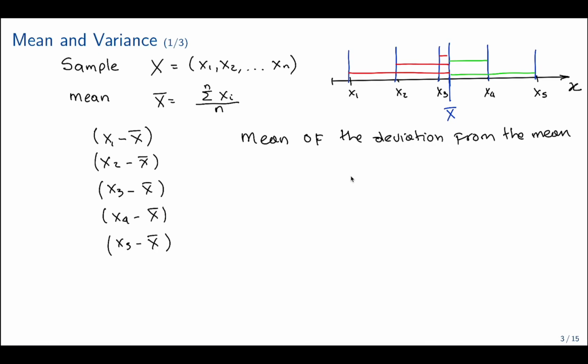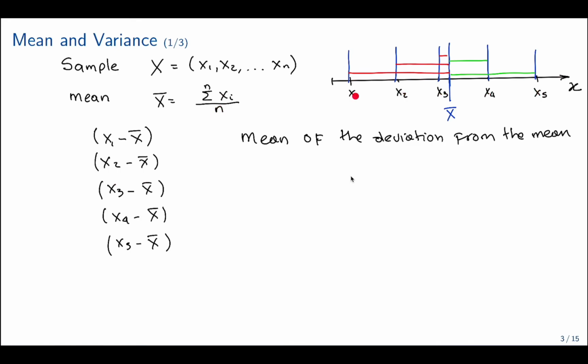I'll make an example over this line. If those are real numbers, we can actually order them in ascending order: x1, x2, x3, x4, and x5. And the definition of the mean is the sum of all of them divided by the number of elements.